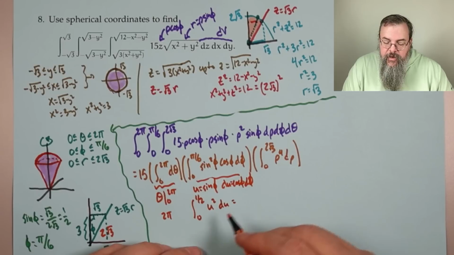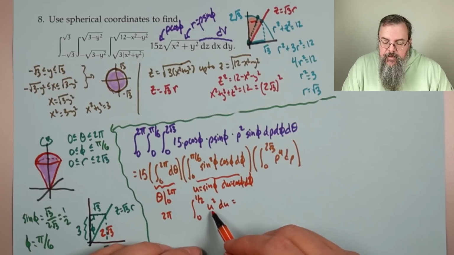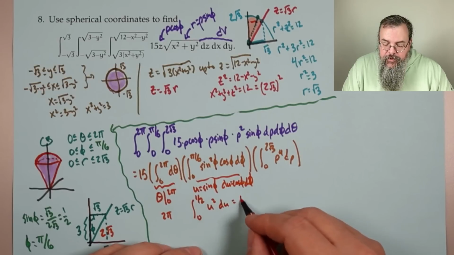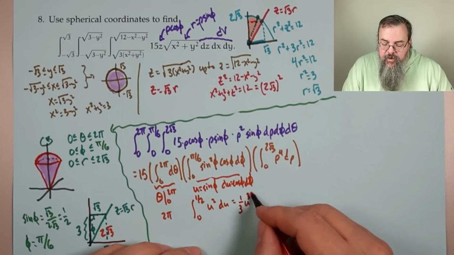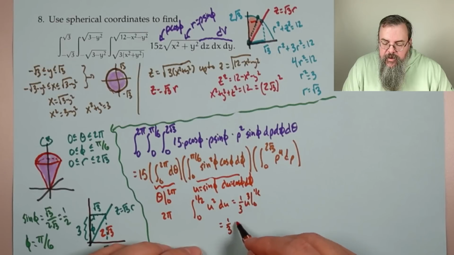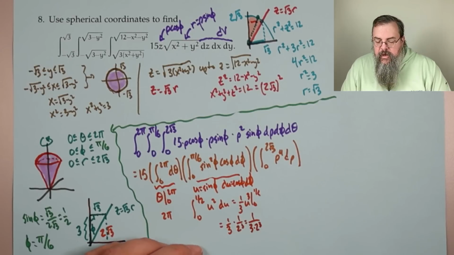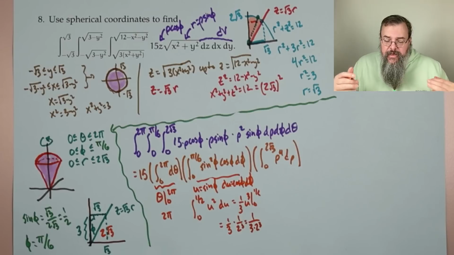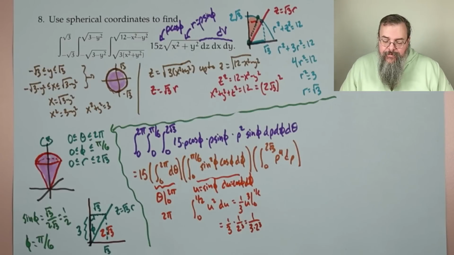Okay, well, u squared, integral that's 1/3 u cubed from 0 to a half. And so that's 1/3 times 1 over 2 cubed. 1 over 3 times 2 cubed. And we'll probably clean that up in a minute, but for right now, I'll just leave it as 2 cubed.